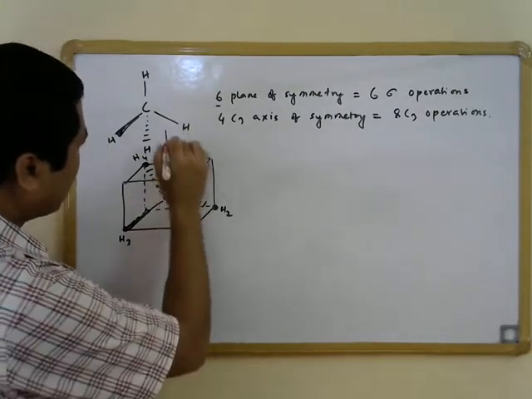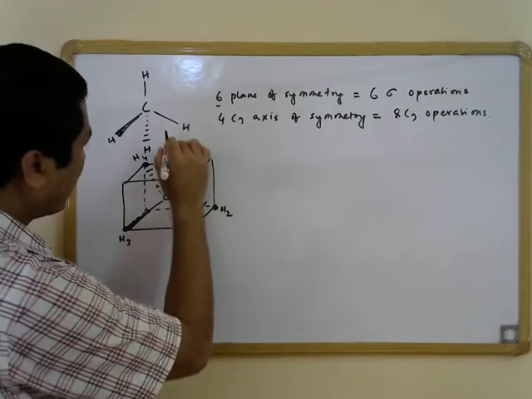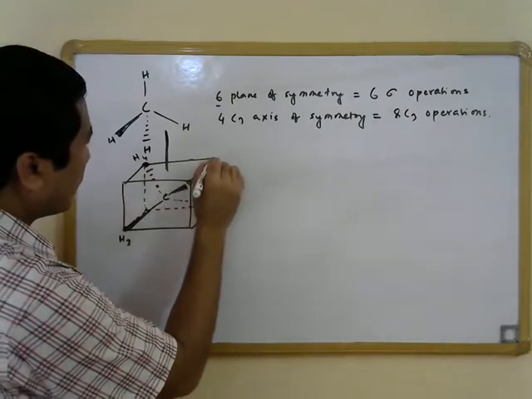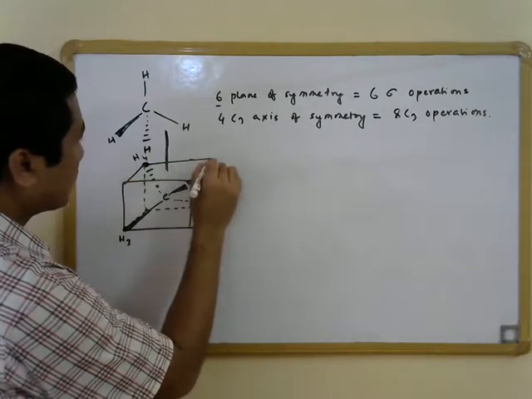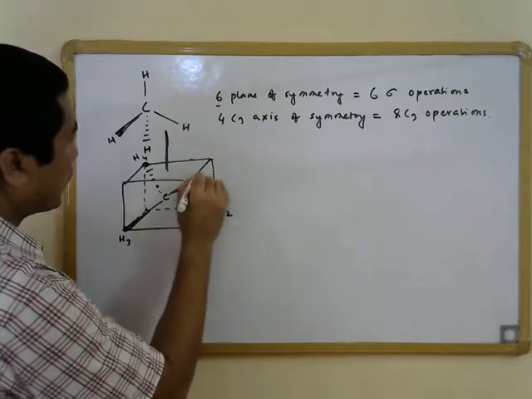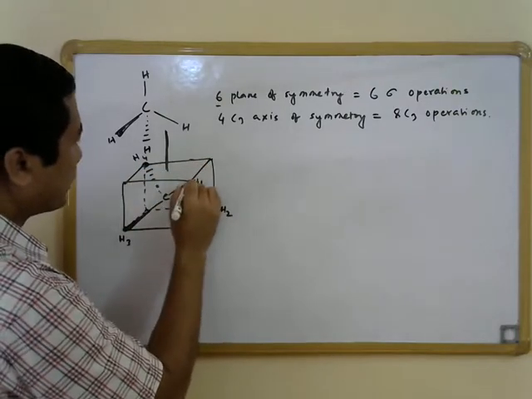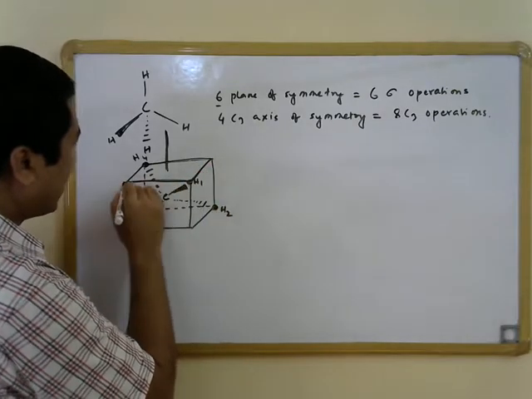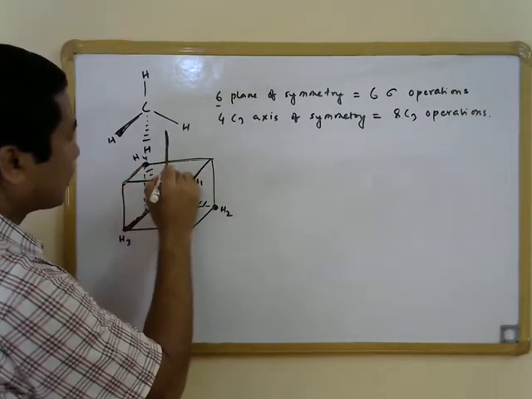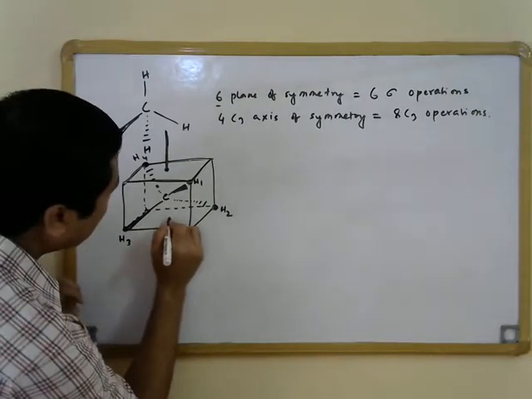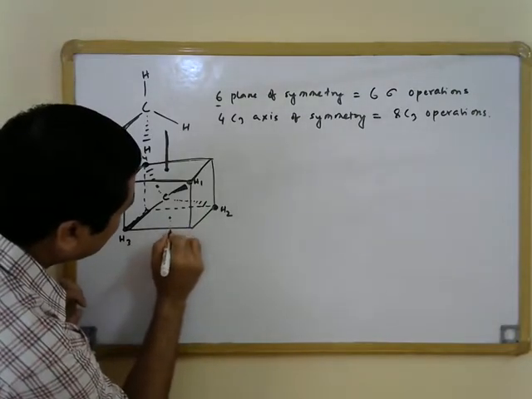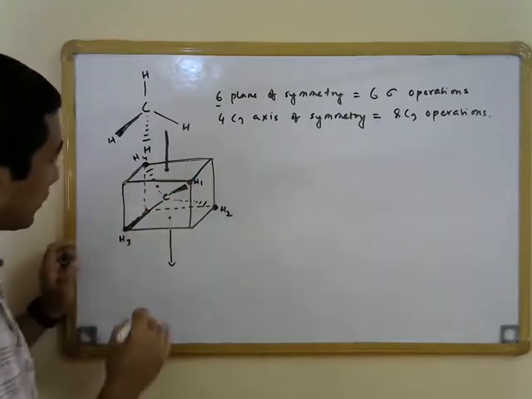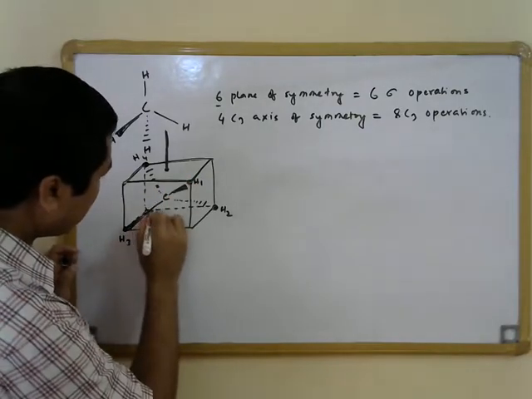Now the C2 axis, that is, we can visualize that this axis passes through the carbon atom and it passes through the center of this plane that is on top of the cube over here. If you follow my fingers here, this axis passes through the center of this plane, and then it goes out through the center of the plane which is exactly below this top plane over here, that is this particular plane.